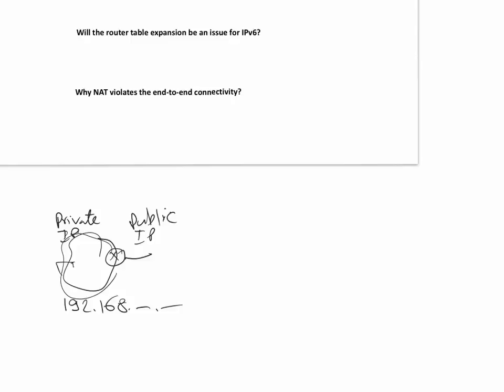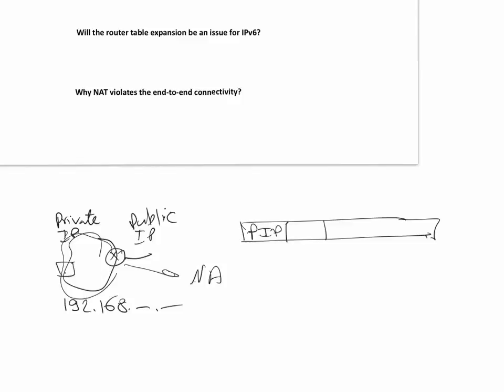The host sends a packet with the private IP, okay, and it sends to a specific destination. The destination is always public IP, because the private IP is not actually visible to the internet at all. Okay? What the router does is that the router uses the concept of NAT, network address translation.